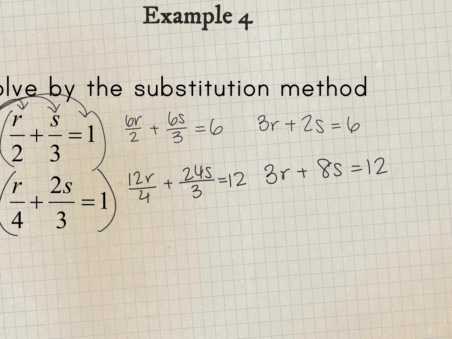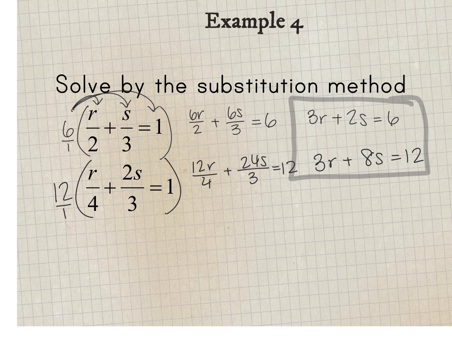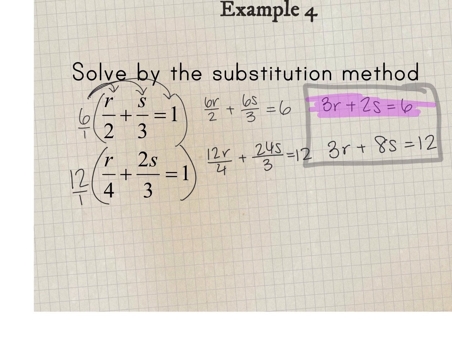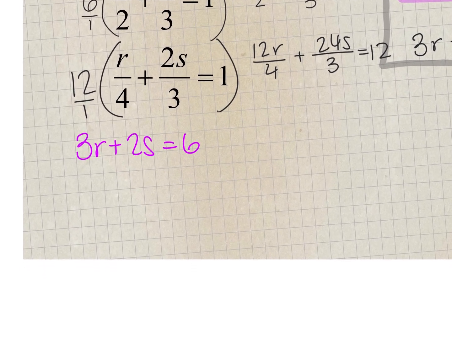So now that I have my whole numbers, this is what I'm going to use to substitute and plug in. So I'm going to kind of solve it at the bottom. I know there's not much space for this one, so you're going to kind of have to squeeze it in. I'm going to take this first one and solve for r. So I'm going to take 3r plus 2s equals 6, and I'm solving for r.